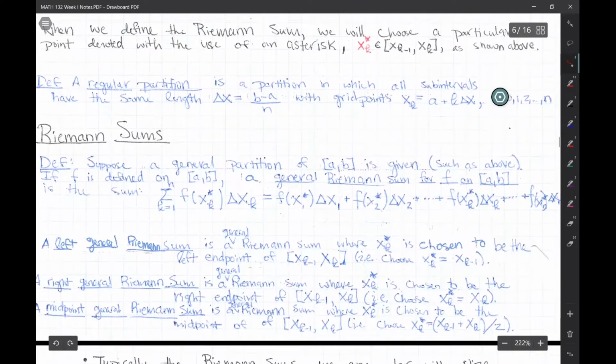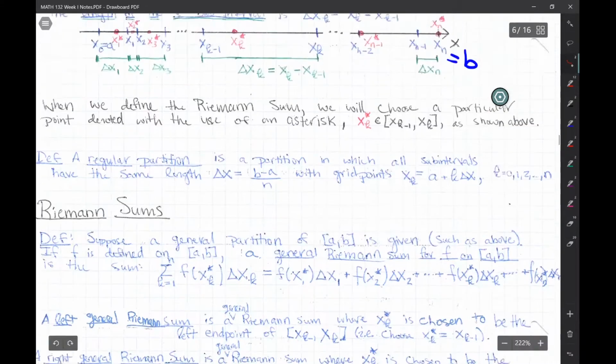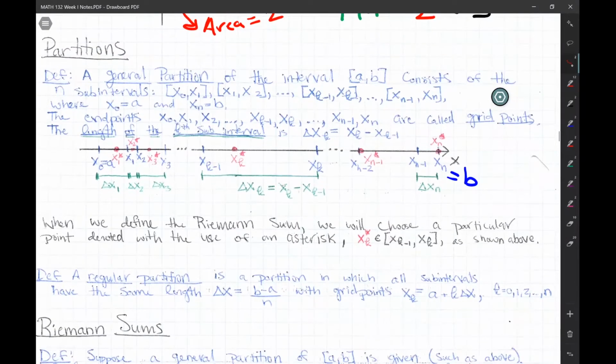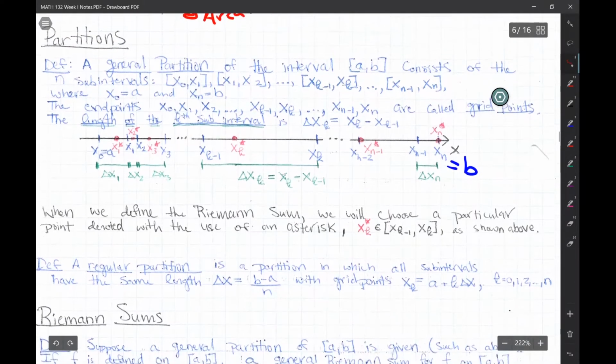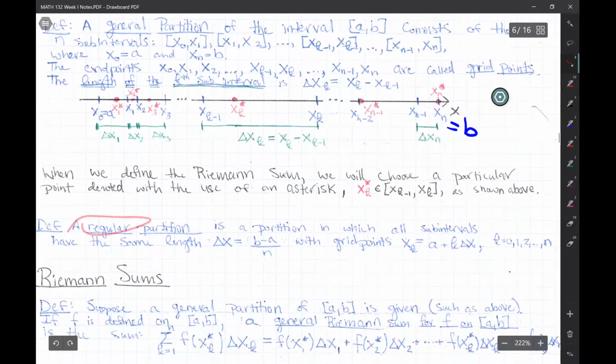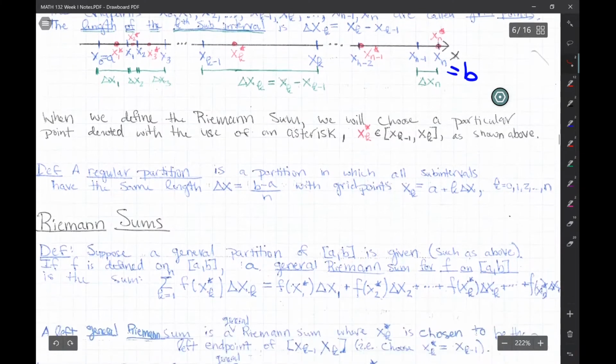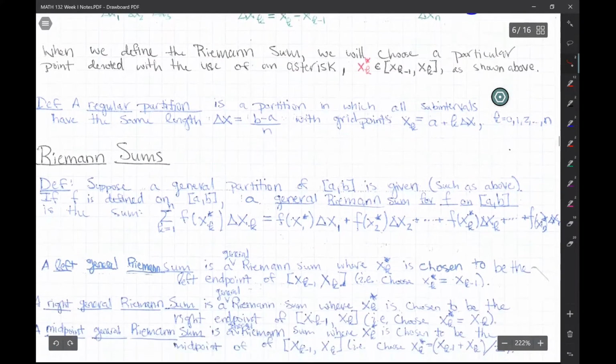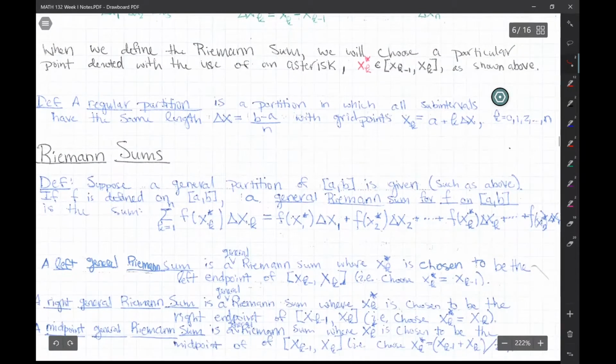So we have a left general Riemann sum. Why is it general? Well, it's because we chose a general partition. And if instead of a general partition we chose a regular partition, then we would just call it a left Riemann sum, although that's not really standard convention.